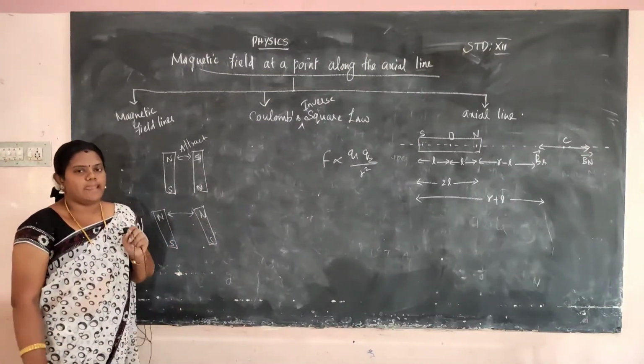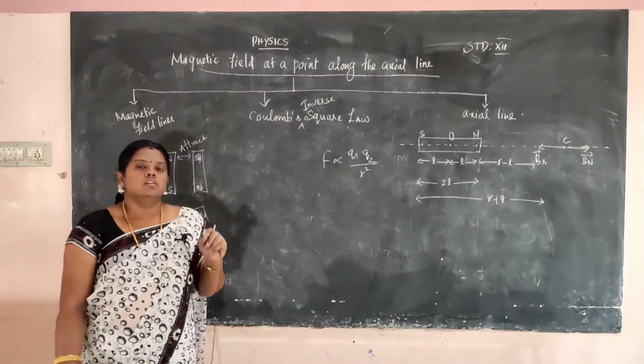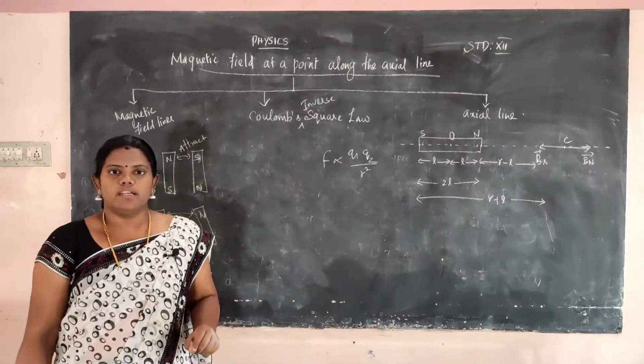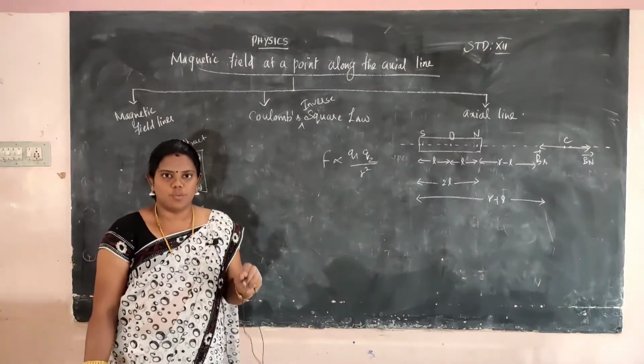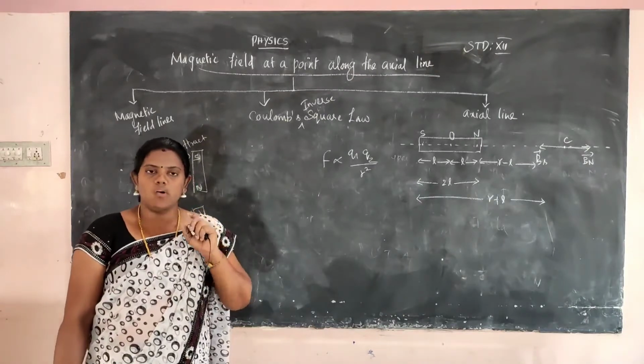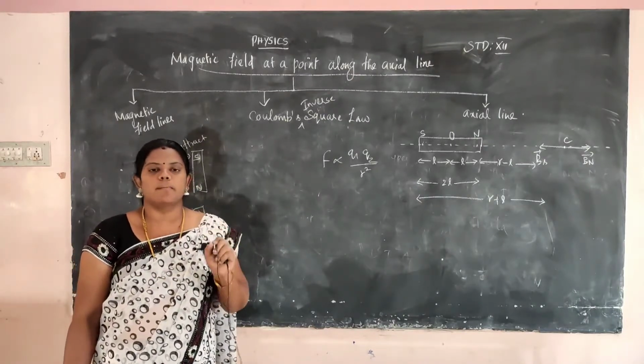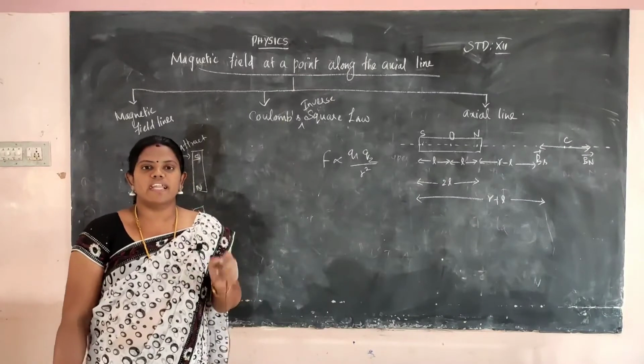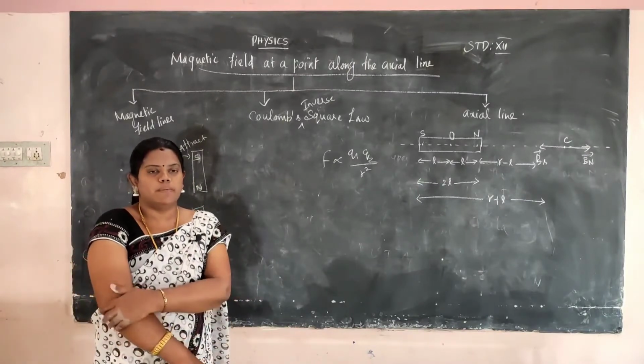So like poles repel one another, and unlike poles attract one another. In this way, a force of attraction or a force of repulsion is created.